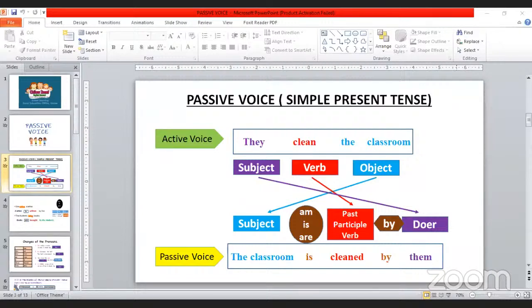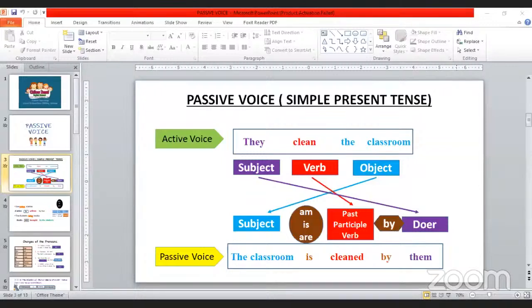So we have to look at the tense of the verb and select the helping verb, right? Am, is, are, because this is a simple present tense sentence. We have to select a helping verb from am, is, are according to the subject, right? This is a present tense sentence. So we use am, is, are.